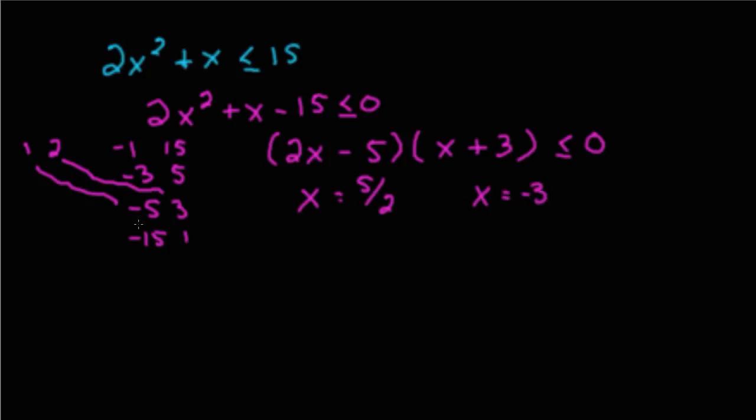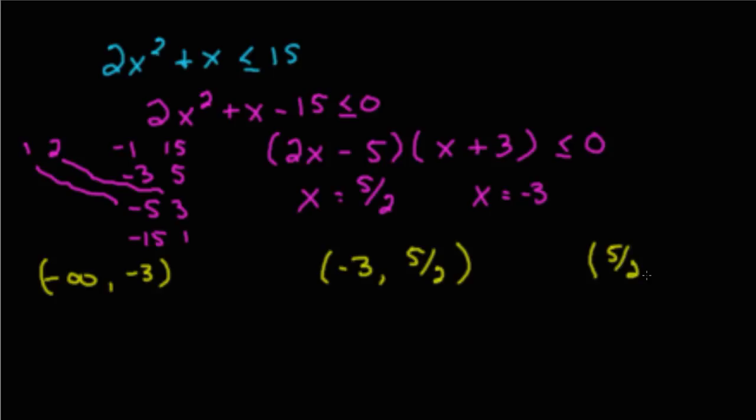For our tests, we're going to be looking at 3 different intervals: from negative infinity to negative 3, from negative 3 to 5/2, and from 5/2 to infinity. So we'll start with the first interval.